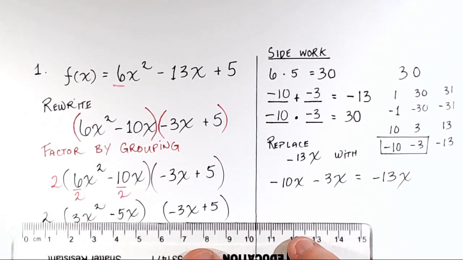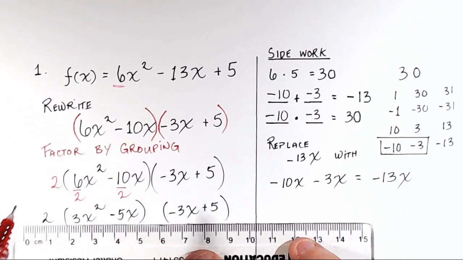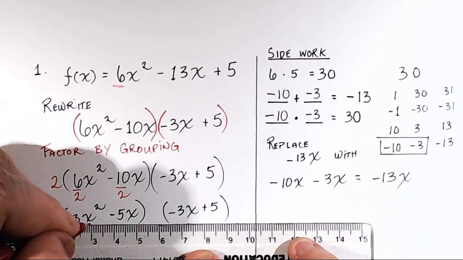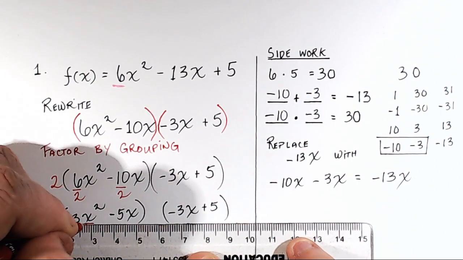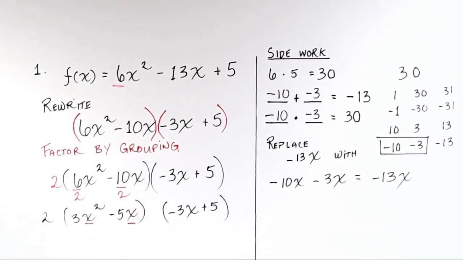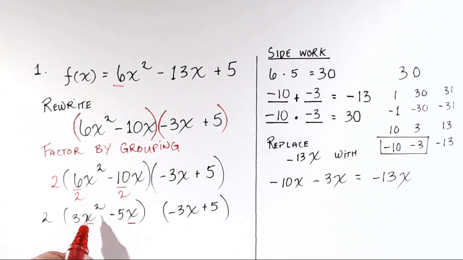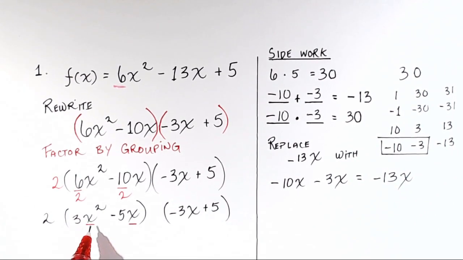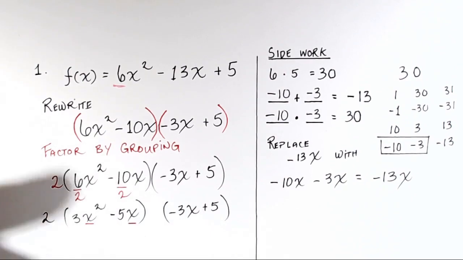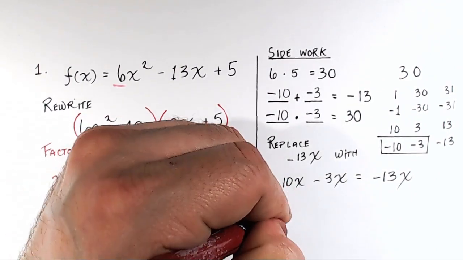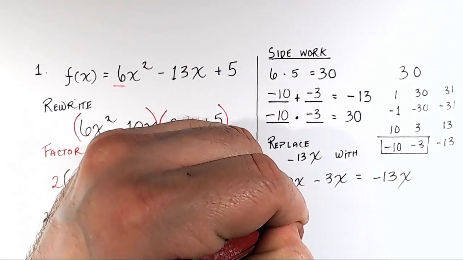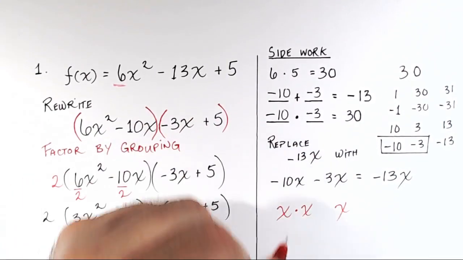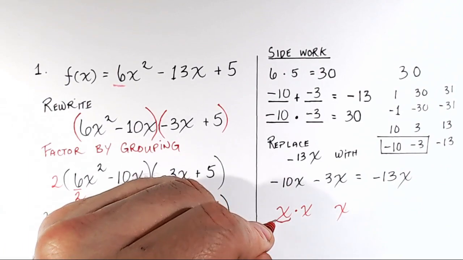Now what? Well, go back to your first binomial term. This is a binomial right here. There's nothing common between 3 and 5. Those are both prime numbers. So now I'm going to focus on these x's right here. Here I've got x squared, and here I've got x. Well, x is just x times x. So what do they share in common?